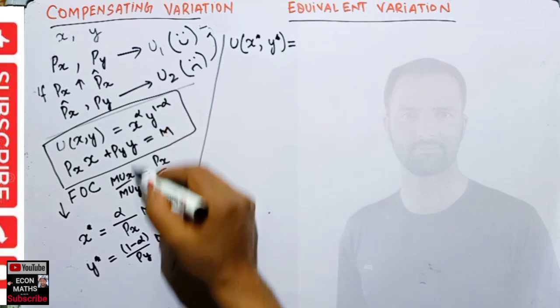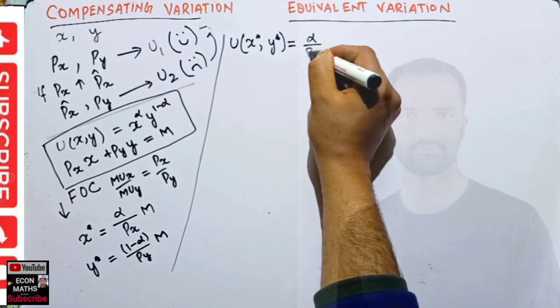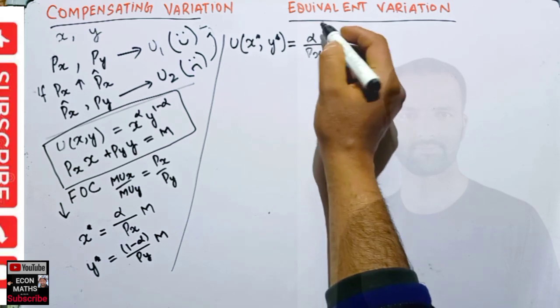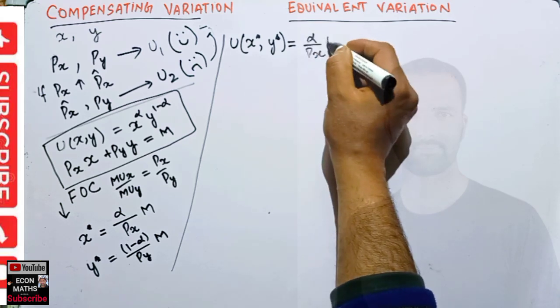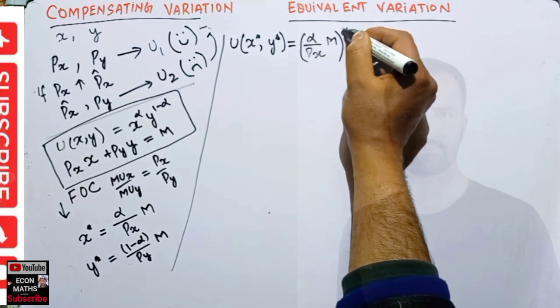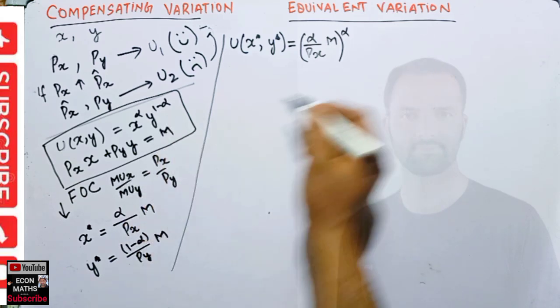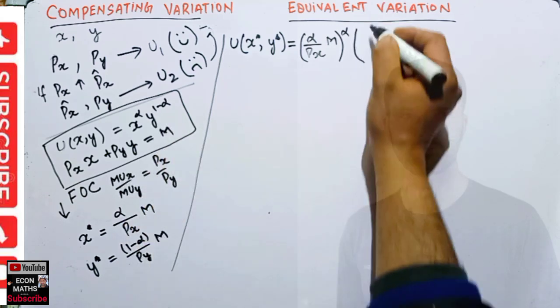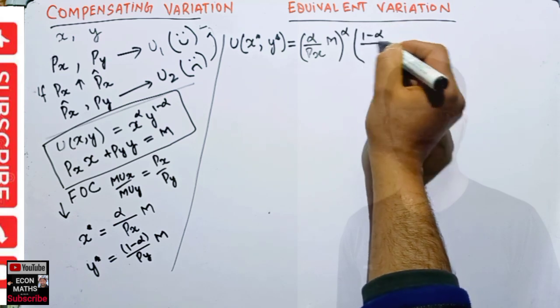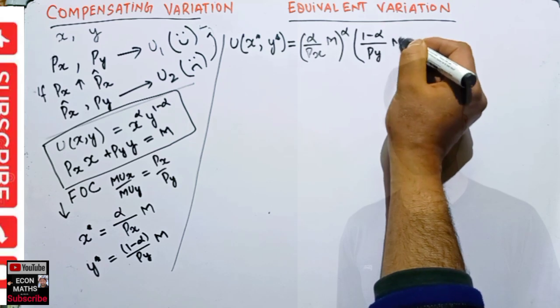So in place of x we have this very thing, alpha upon px, into m raised to the power alpha. Then in place of y, we have 1 minus alpha upon py into m.